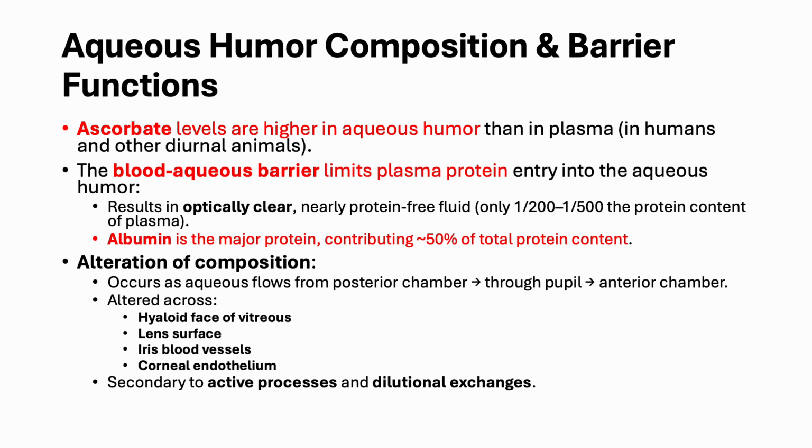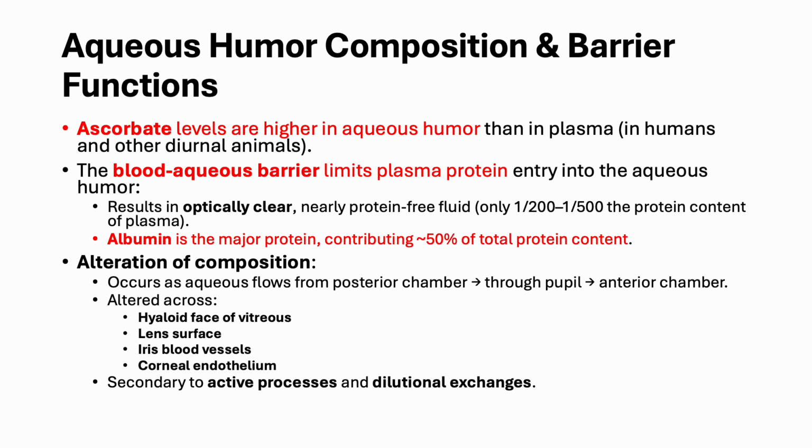It limits the entry of plasma proteins into the aqueous humor, resulting in an optically clear, nearly protein-free fluid. In fact, the aqueous humor contains only about 1/200th to 1/500th of the protein content found in plasma. The primary protein that is present is albumin, which accounts for approximately 50% of total protein content in the aqueous.